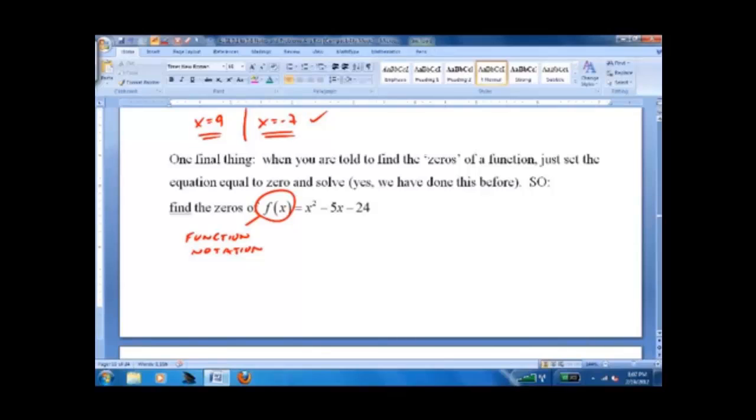So we'll say, find the zeros of the function. You're just factoring. Just rewrite it immediately, like that. Solve it like you've been doing. 8 and 3 should work. Negative 8 plus 3, negative 8 times 3. Good. Done.